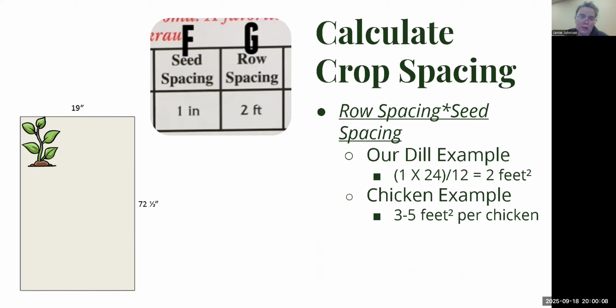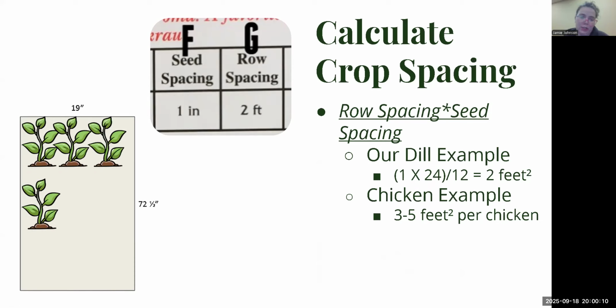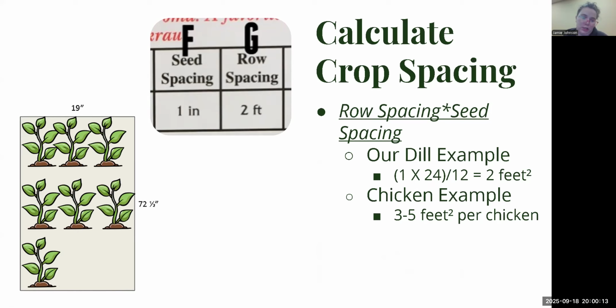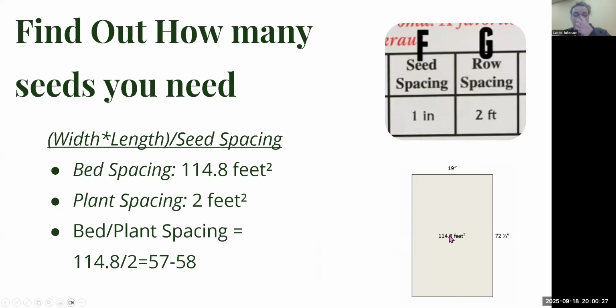Each dill plant needs 2 square feet of planting space. So when we plant those, we're going to put them 2 feet apart in that 1 inch by 2 feet rectangle. A very, very thin rectangle.